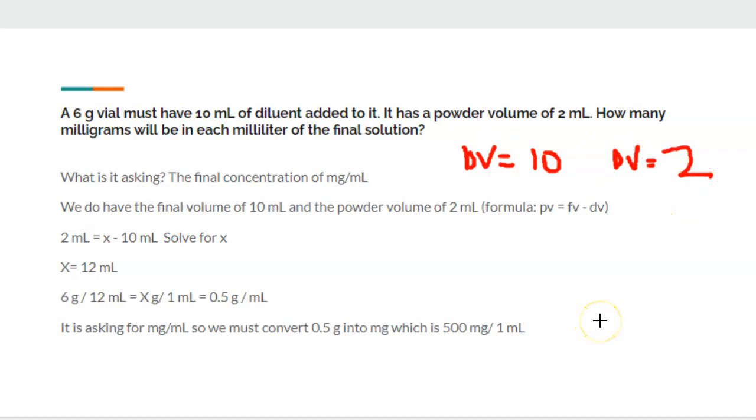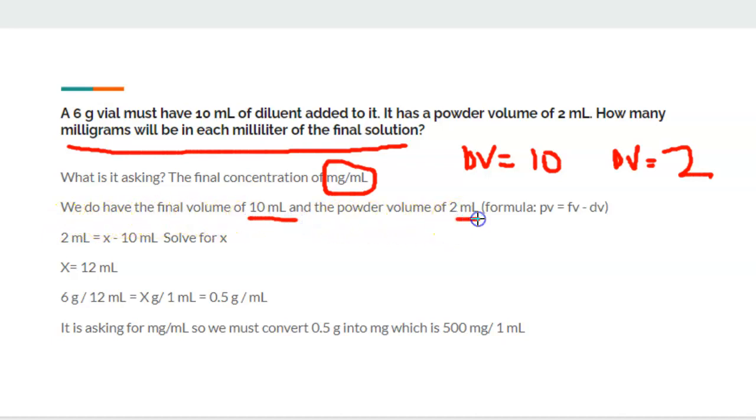Okay, so you can do one of two things. You can memorize a formula. The question is, how many milligrams are in each milliliter of the solution? So it wants us to figure out what the final concentration is. We have the diluent volume, which is 10, and we have the powder volume, which is 2.